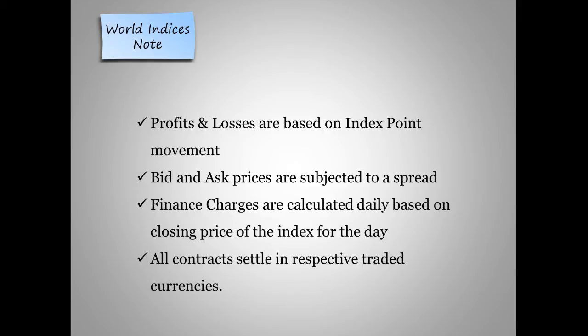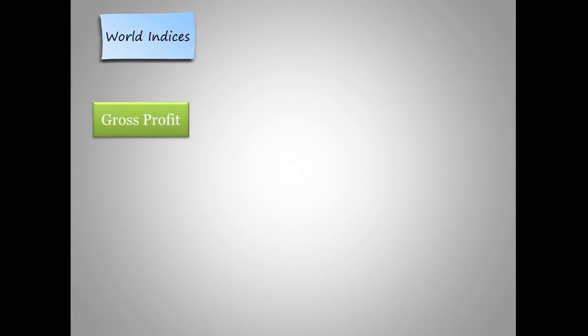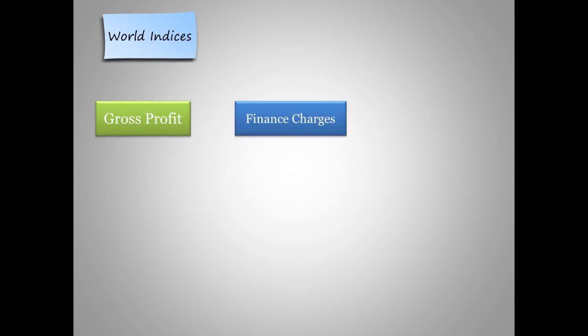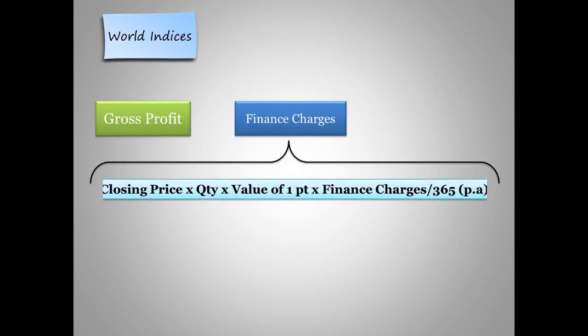Here is how profits and losses are realized. The gross profit or loss is calculated by getting the difference between the closing and opening prices multiplied by the value of one index point and its quantity. Finance charges would then be subtracted off this value to obtain the net profit or loss.